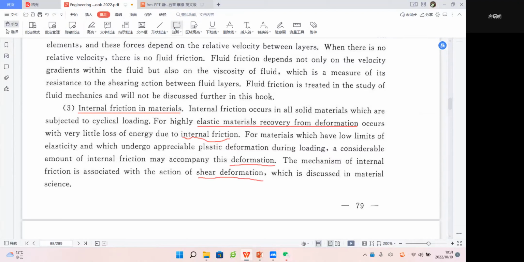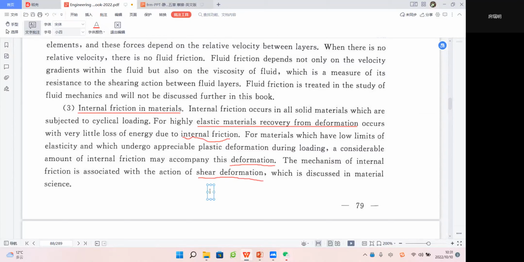Actually, this is 剪切变形. Deformation means 变形, shear means 剪切.